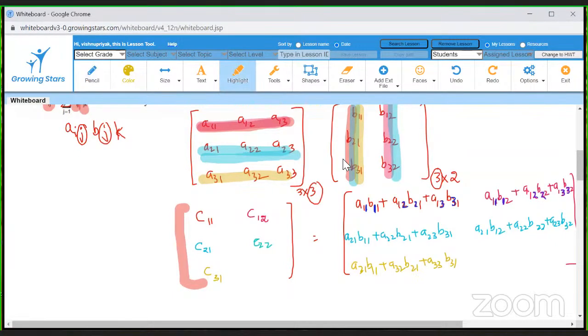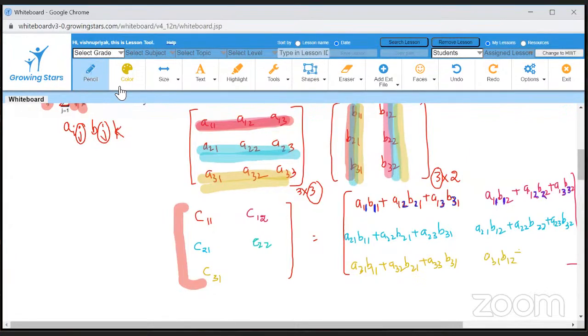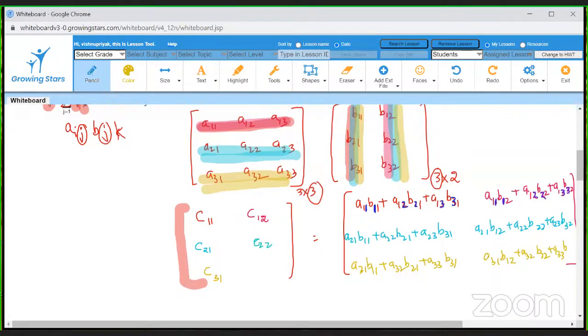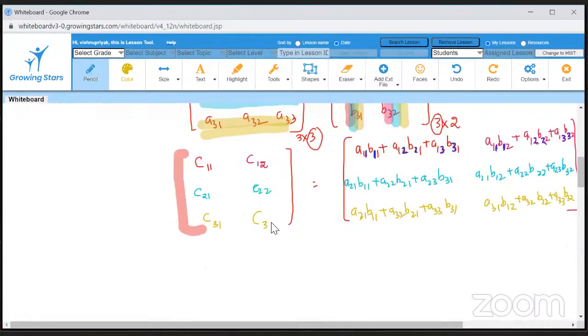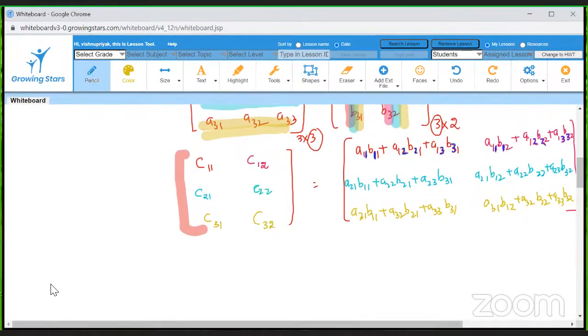Next, third row, second column: A31, B12, A32, B22, A33, B32, like this. So you are getting third row, second column, C32, like this.